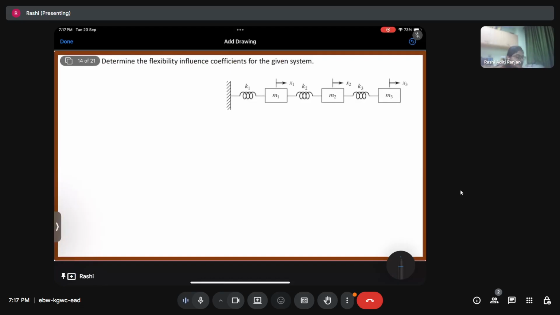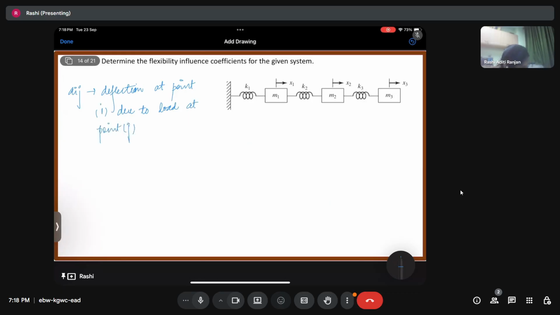Coming on to question number 4. We have to determine the flexibility influence coefficients. Earlier we found out the stiffness influence coefficient. Flexibility influence coefficient is nothing but the inverse of the stiffness influence coefficient. Basically, aij gives the deflection at point i due to load at point j.